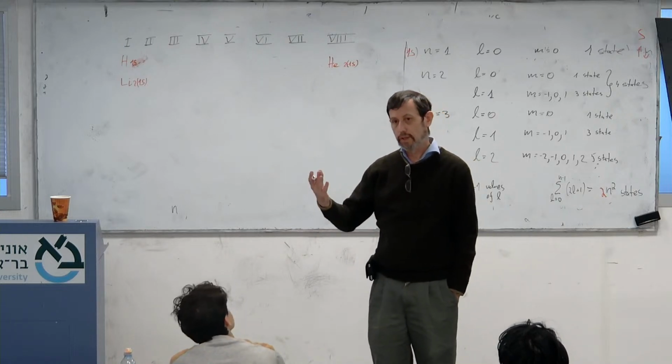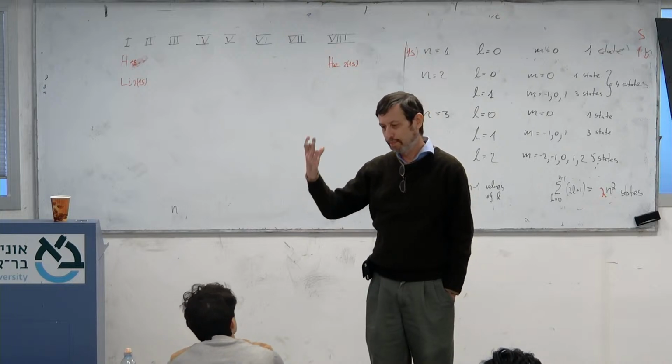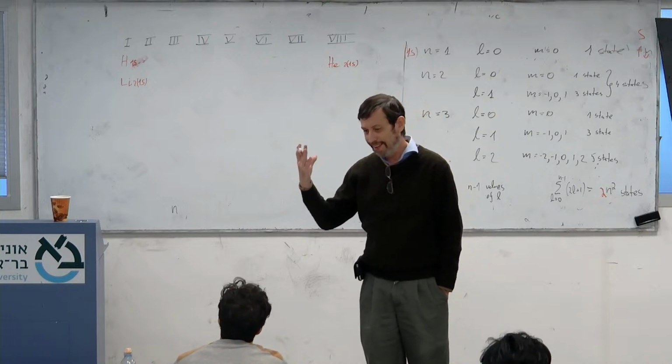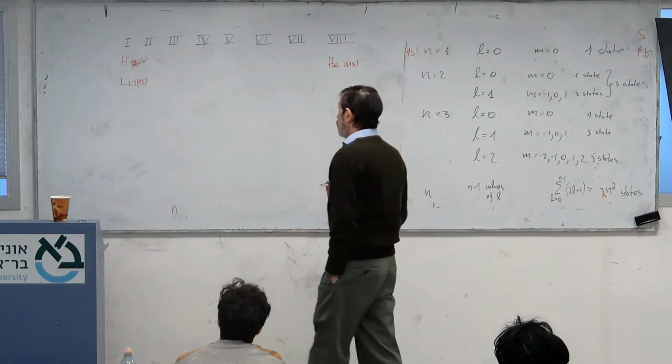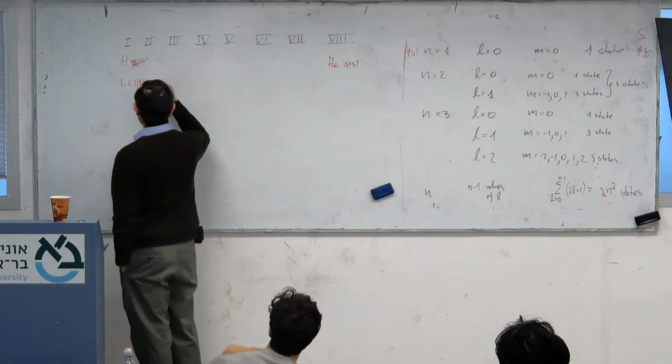Since we have a limited number of fermions per state, the third has to go into the next state.